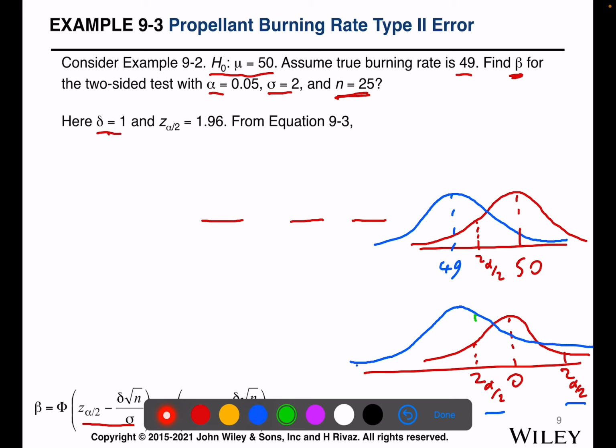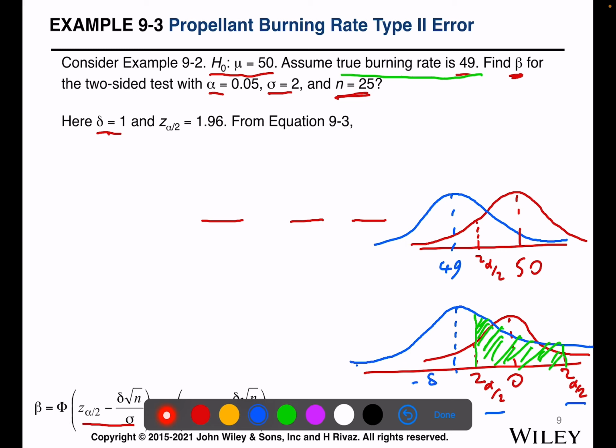So basically, the area under the curve that we are interested in is this area under the blue curve. Why? Because we think the blue curve is the correct one, right? Because we said that the true burning rate is 49. So this is the area under the curve that we are interested in, and this is minus delta.